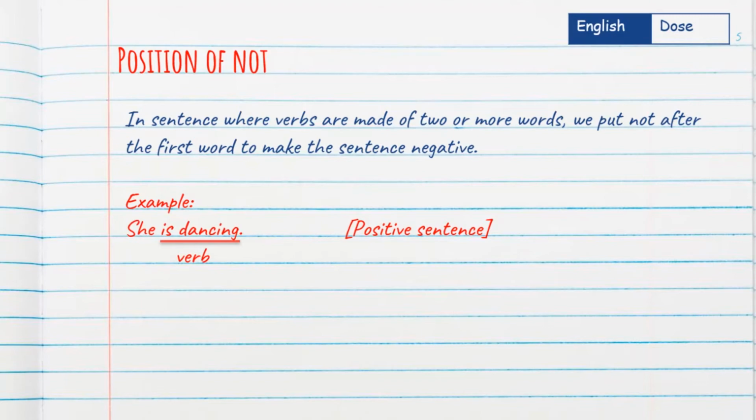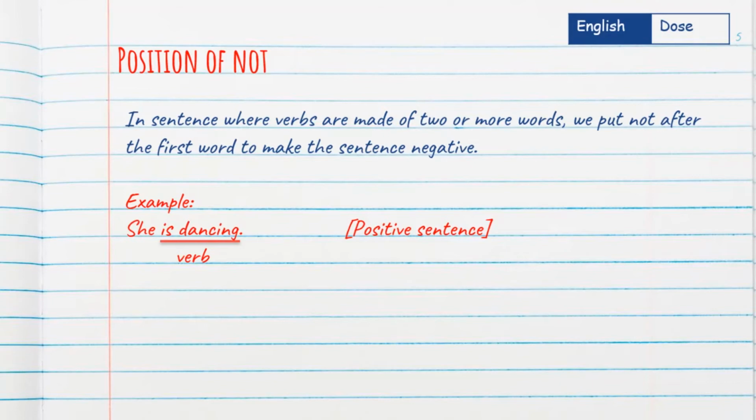Is it of one word, two words, or more than two words? The verb is made up of two words, that is, is and dancing. So now we are going to turn this sentence into a negative. While making it negative, we add the negative word not after the first word of the verb.